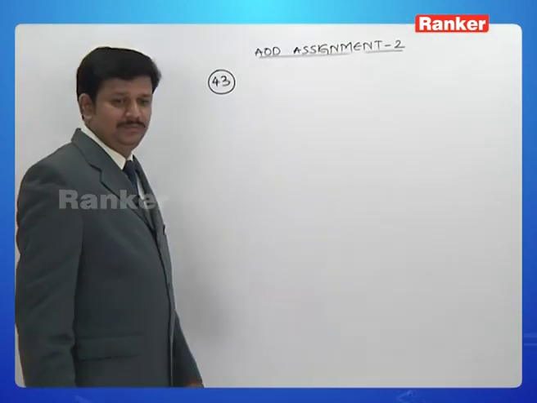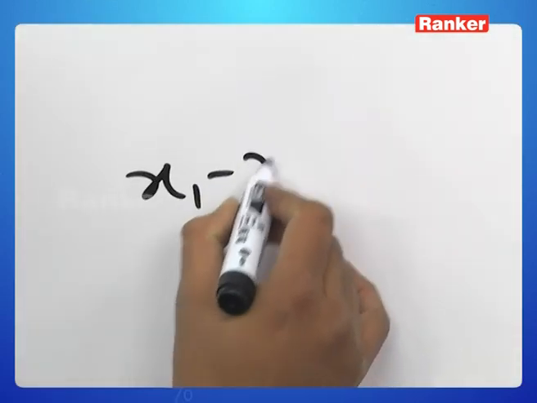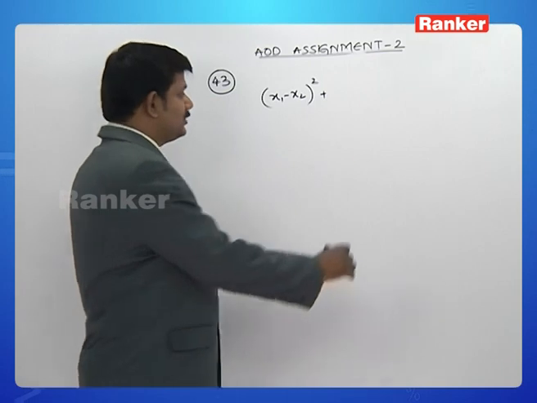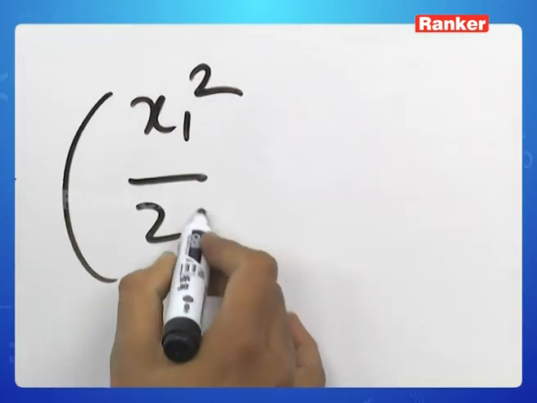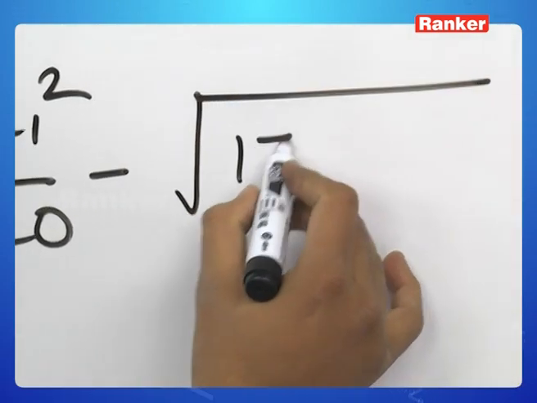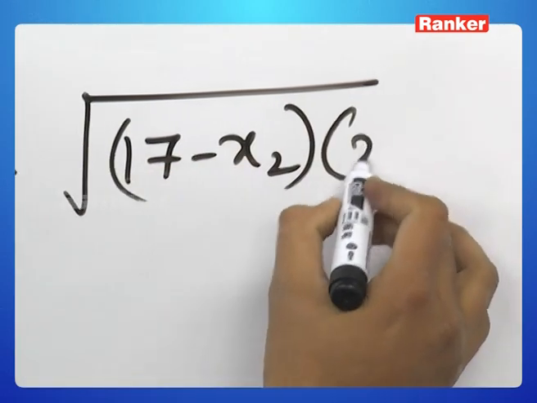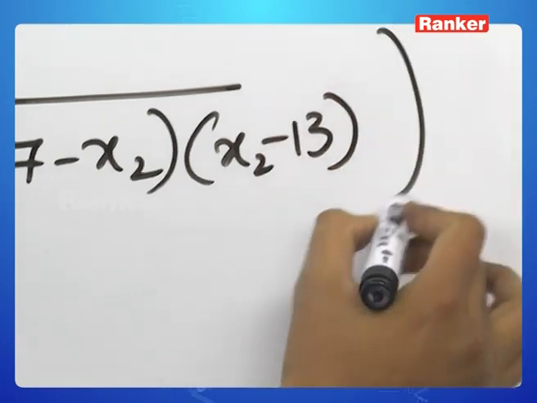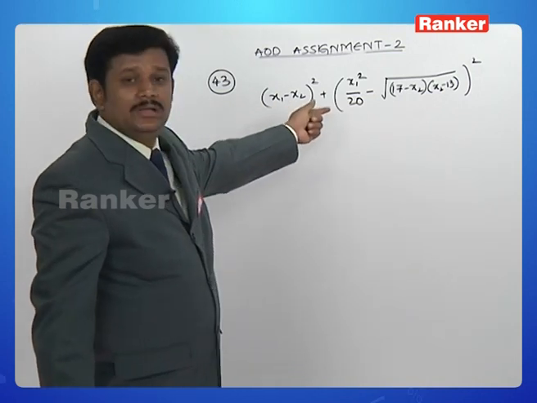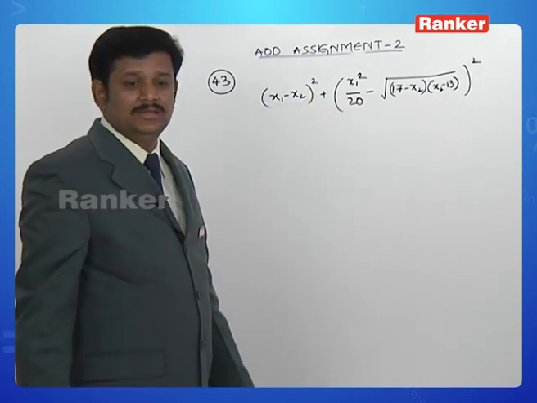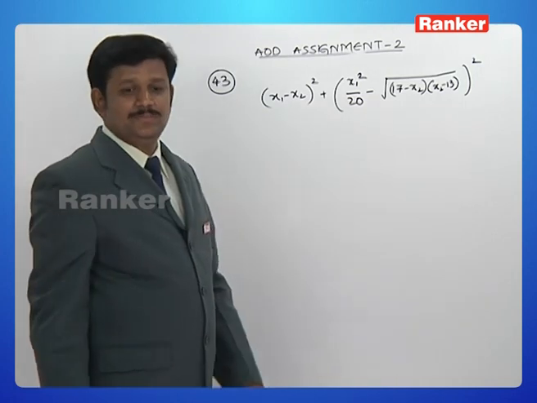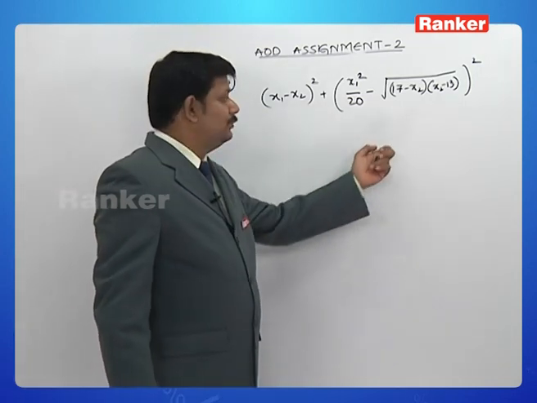We need to find the minimum value of x1 minus x2 whole square plus x1 square by 20 minus root over 17 minus x2 into x2 minus 13 whole square, where x1 is a positive number and x2 belongs to 13 to 17.